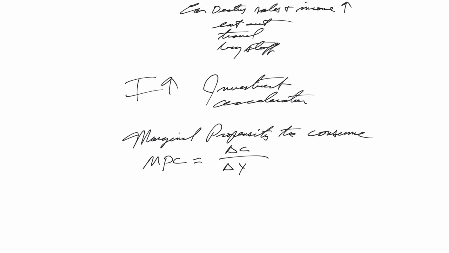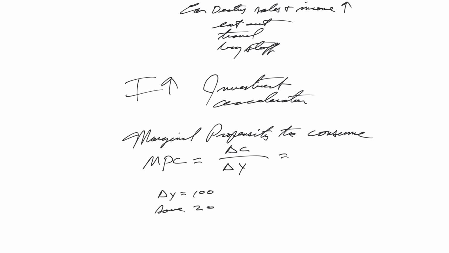So for example, if you earn an extra $100, let's say your change in income equals 100, and you save 20, what's your marginal propensity to consume? Well, you're saving 20%, so you're spending the rest, which is 80%.